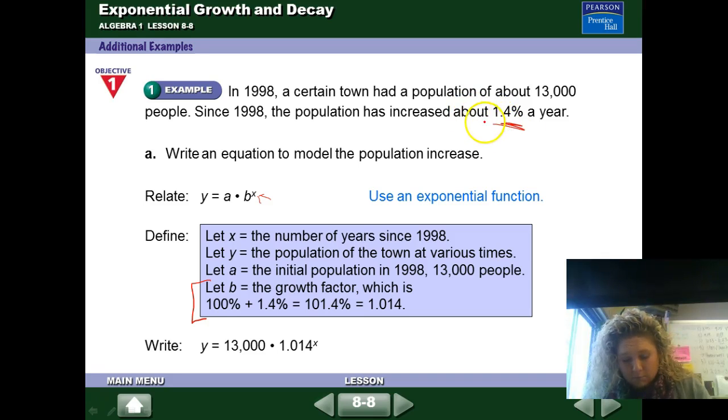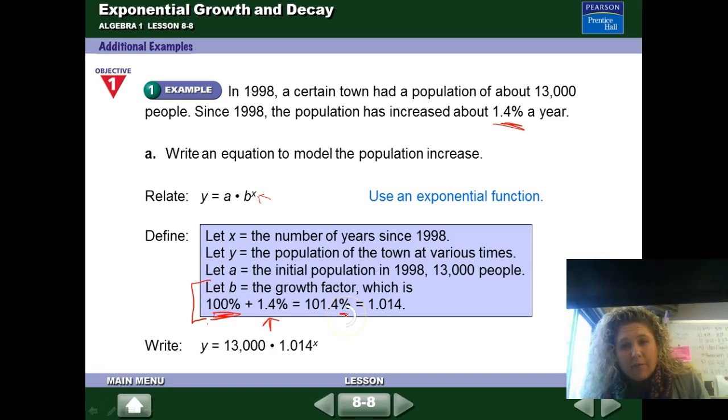So we need to multiply the population in 1998 by 1.4% and add it to the 1998 population. 1999 would be 100% of your 1998, so this 13,000, 100% of this, plus another 1.4%. So that's where they get this 100% from the current year, which would be 1998, plus an increase of 1.4% for our 1999, and that's going to give us 101.4%.